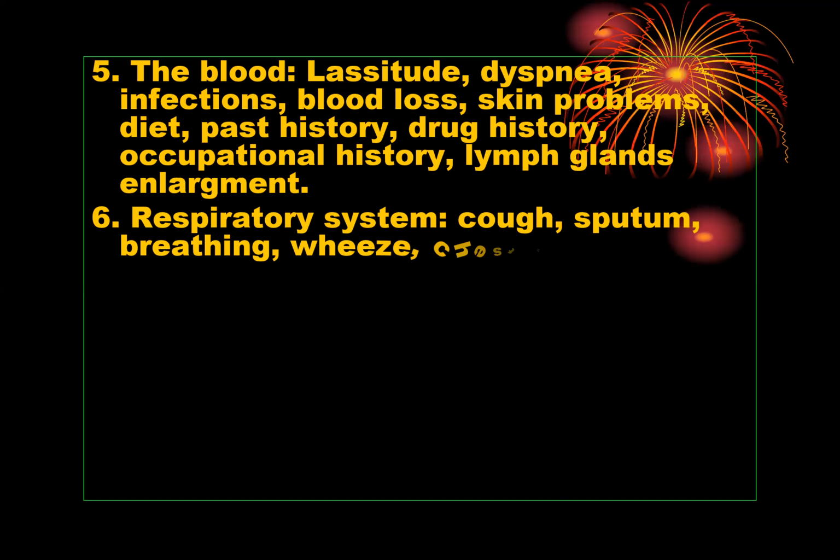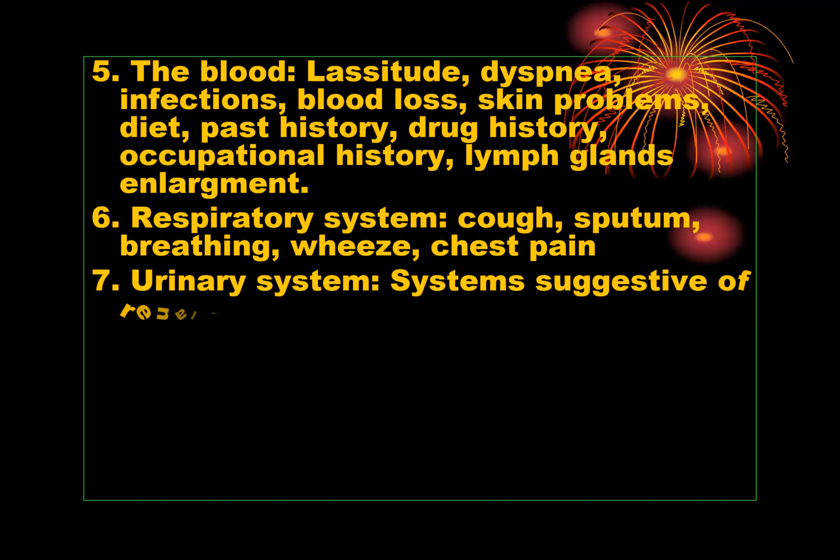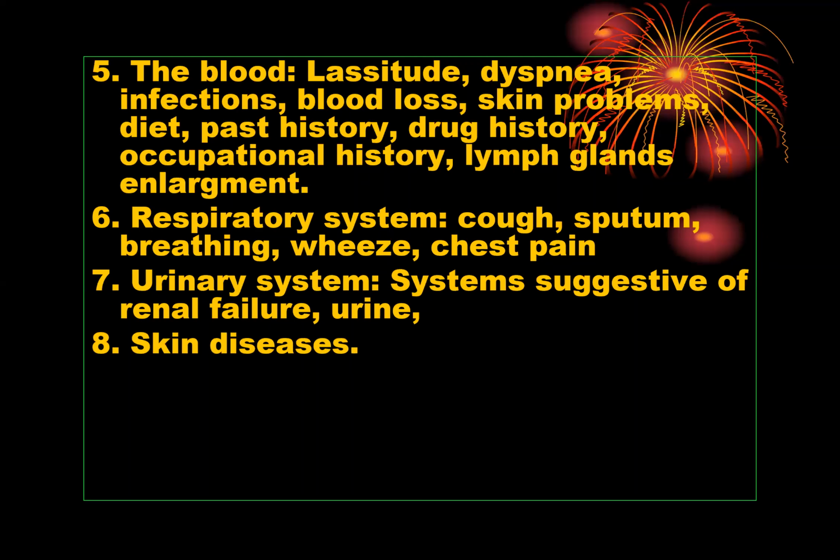Respiratory system, as we talked earlier: ask about the cough, sputum, breathing, wheeze, chest pain. Urinary system, symptoms suggestive of renal failure. We have to ask about the urine: whether there is frequency, dysuria, nocturia, or changing color of urine. Skin diseases.